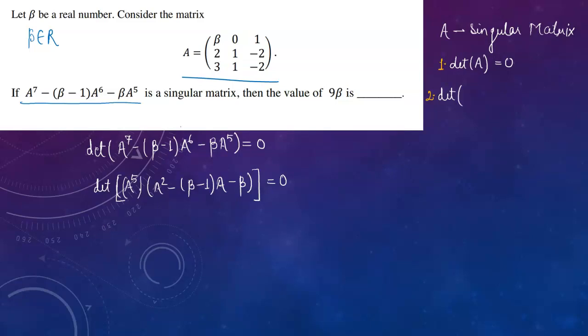If there are two matrices A and B, then we can write determinant of AB as determinant of A into determinant of B. It means that taking the product of these two matrices and then the determinant will give the same result as taking the determinants individually and then multiplying them.